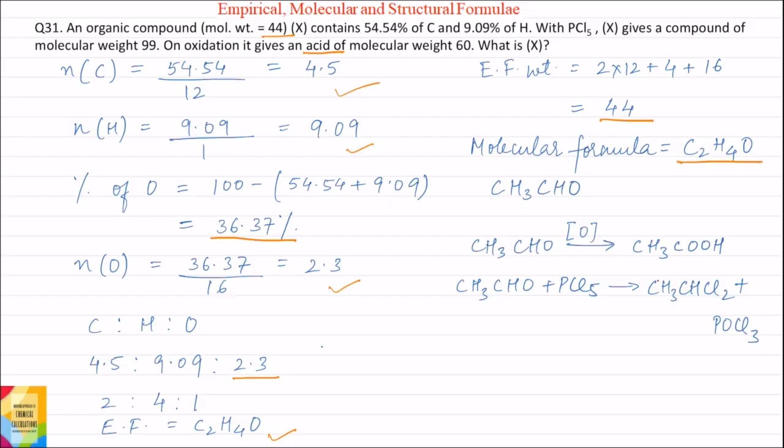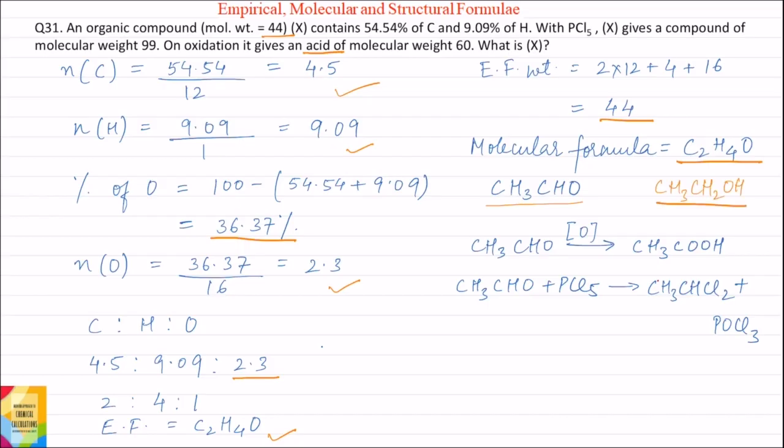Now as we assume that the given compound is either aldehyde or an alcohol, the 2 carbon aldehyde will be CH3CHO and the 2 carbon alcohol will have the formula CH3CH2OH.